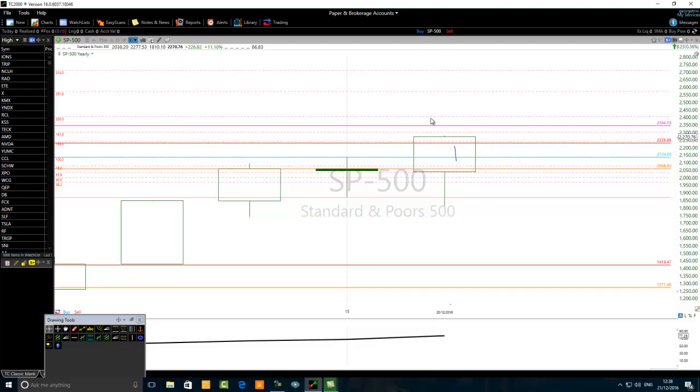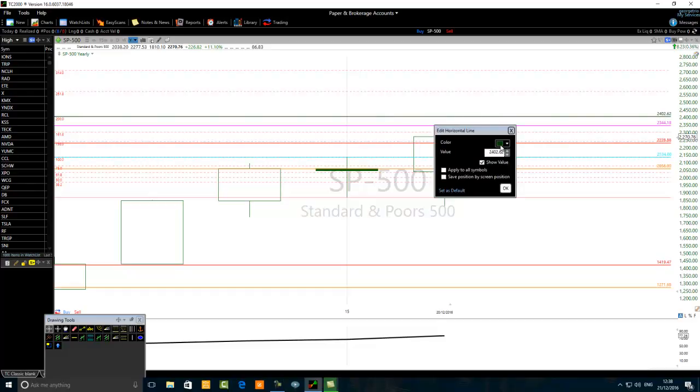So if it breaks above 2344, there's another Fibonacci extension level here, the 200% Fibonacci extension level. I don't know which color I should use to highlight it clearly to you.